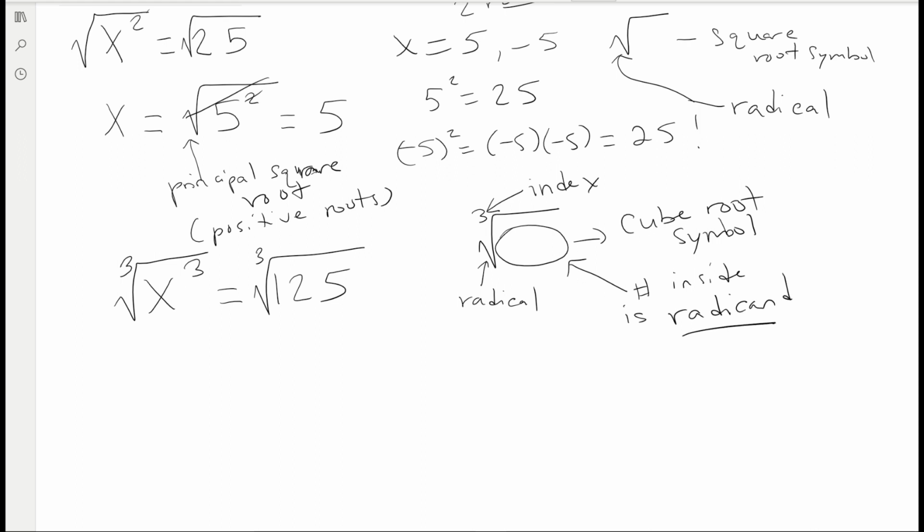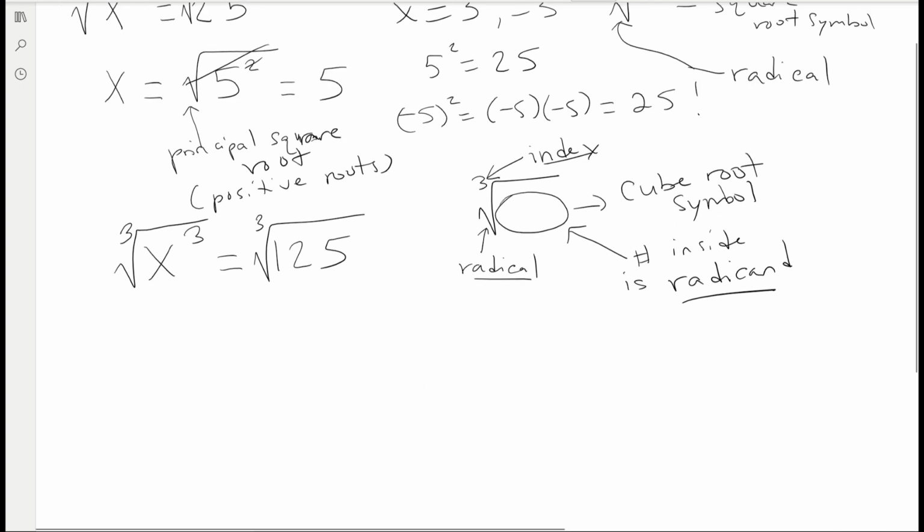So we got a few vocab terms here: index, radical, and radicand. Again, the index for the cube root is 3. The index for a square root is an invisible 2.